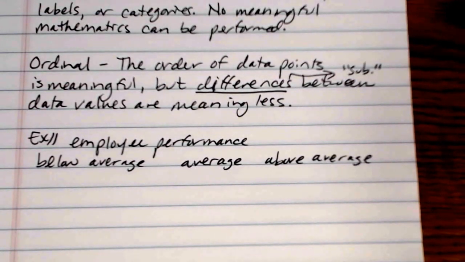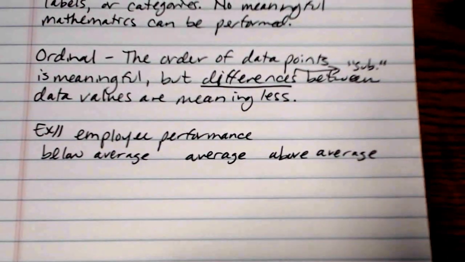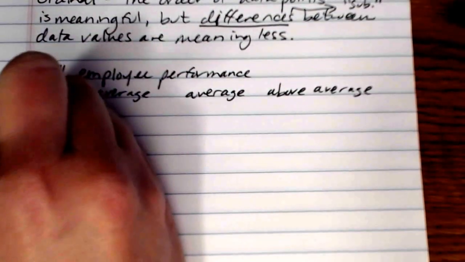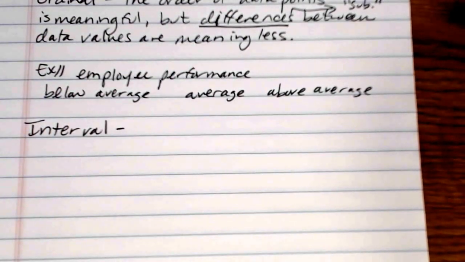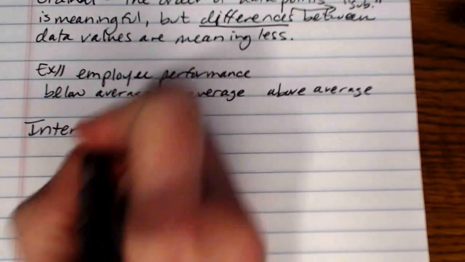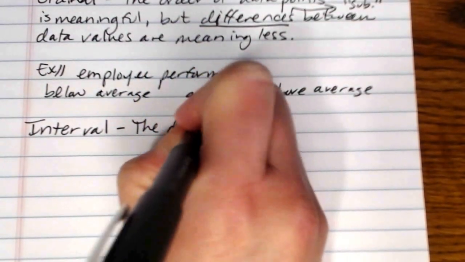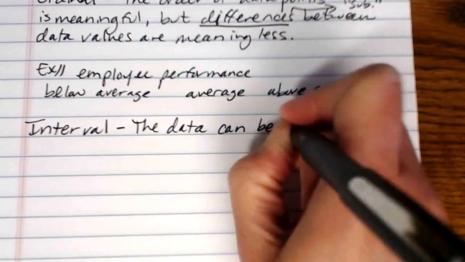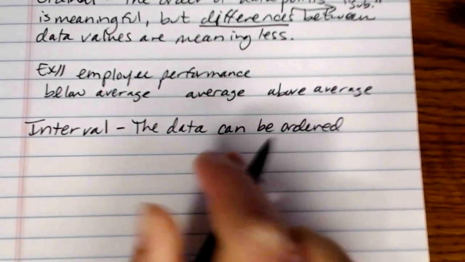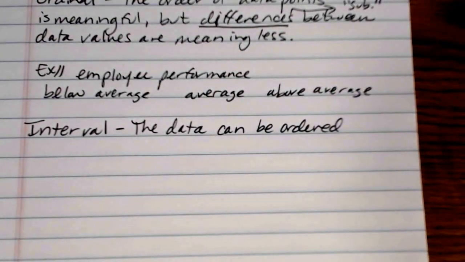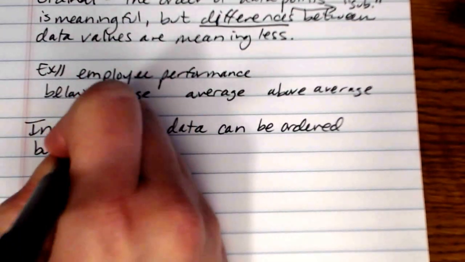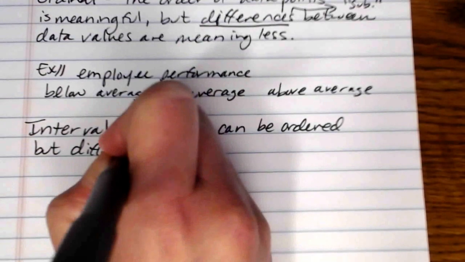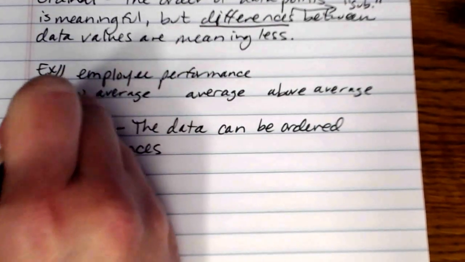The next level up, the next highest level when we're talking about levels of measurement, is the interval level. And at the interval level of measurement, the data can be ordered. So it still includes the definition of ordinal, but now the differences between data values are meaningful. Actually, rather than but here, we're going to say and.